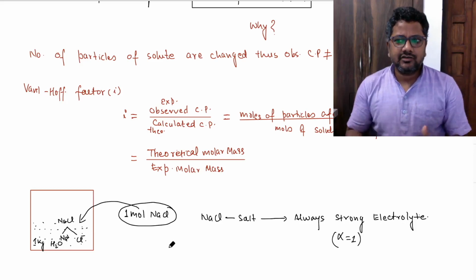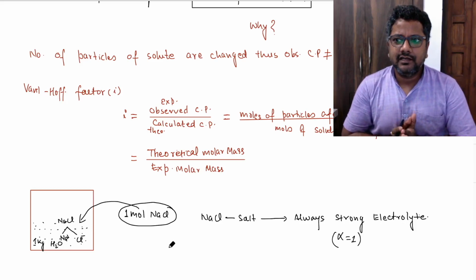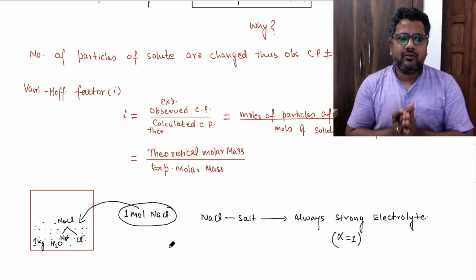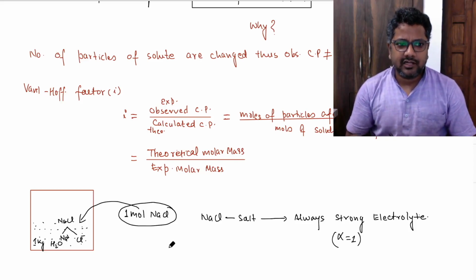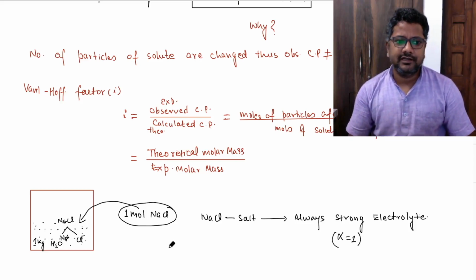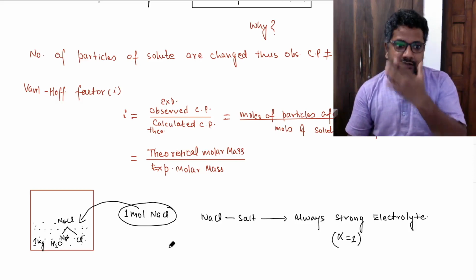So from outside the beaker, on the basis of the quantity you have added, you thought that okay, I have added 1 mole of sodium chloride, so I am expecting the colligative property with respect to 1 mole of NaCl, meaning Avogadro's number of NaCl particles.